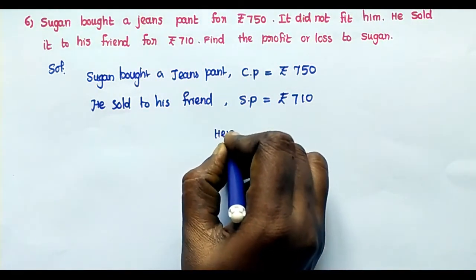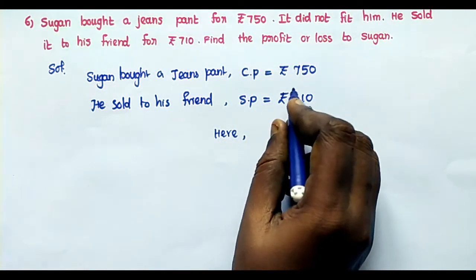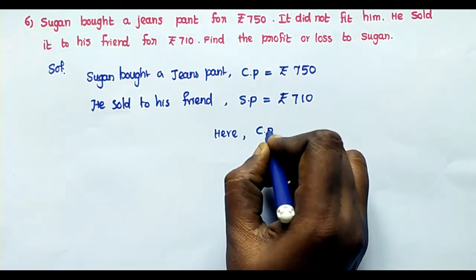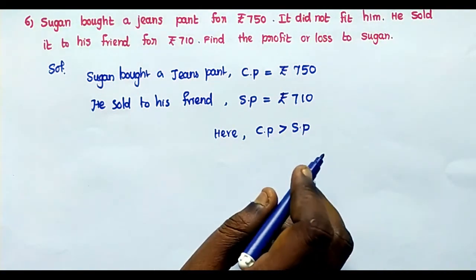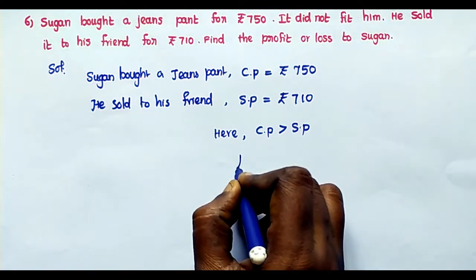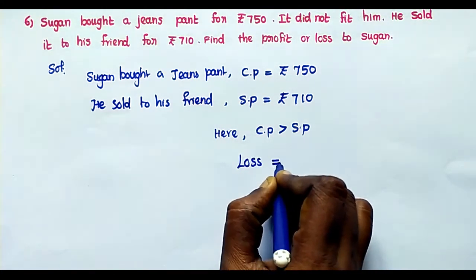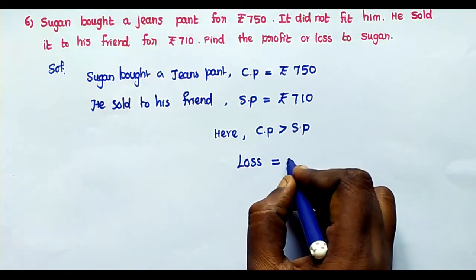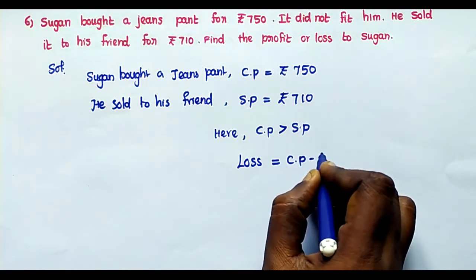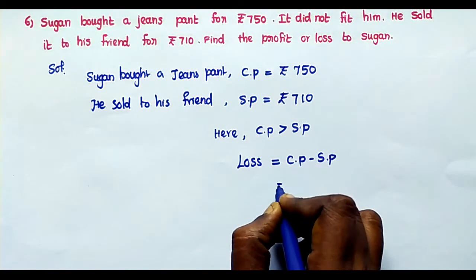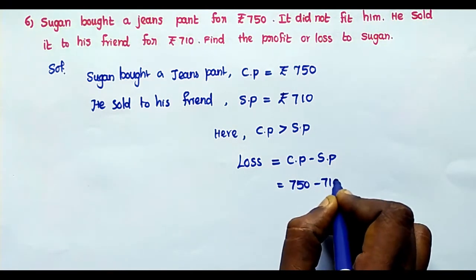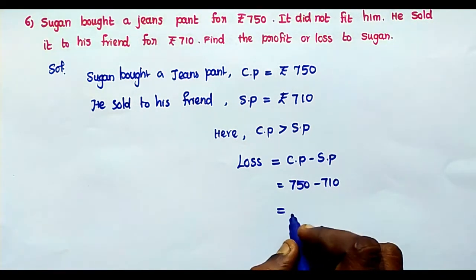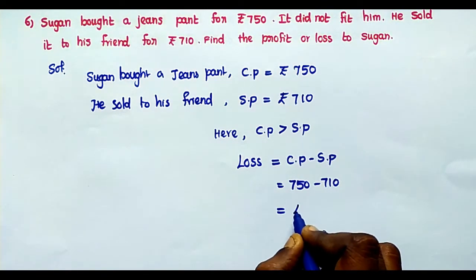Here cost price is greater than selling price. Cost price is greater than selling price means loss. How much loss? That is cost price minus selling price equal to 750 minus 710. So rupees 40.